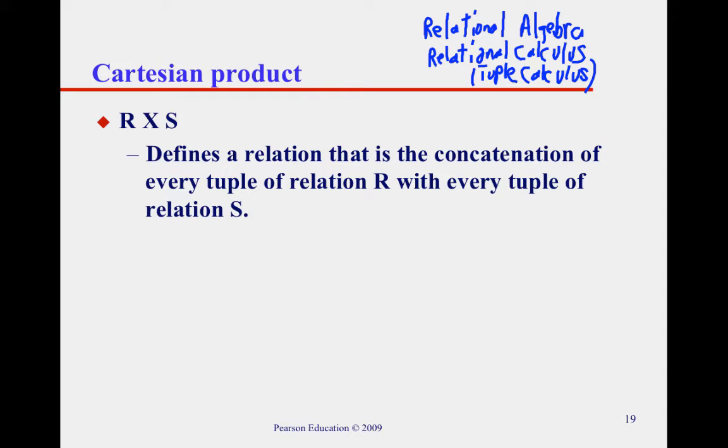Remember that relational algebra is more of a high-level procedural description of how to execute a query, whereas the relational calculus is a declarative means of specifying a query that specifies what you want, but not how to execute the query.